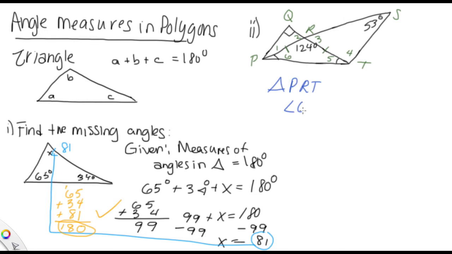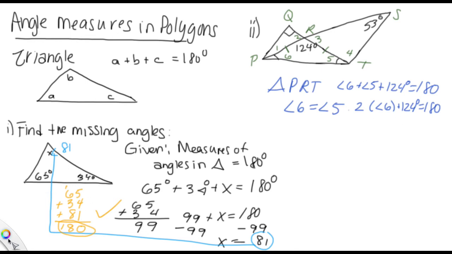So the sum would be angle 6 plus angle 5 plus 124 degrees is equal to 180. But since angle 6 equals angle 5, we can also just say 2 times angle 6 plus 124 equals 180.